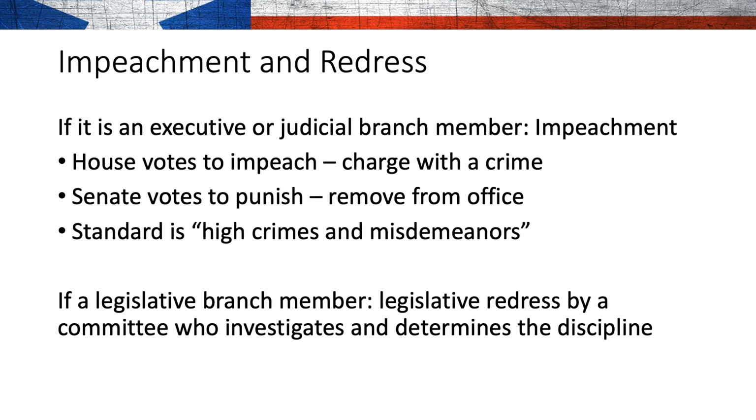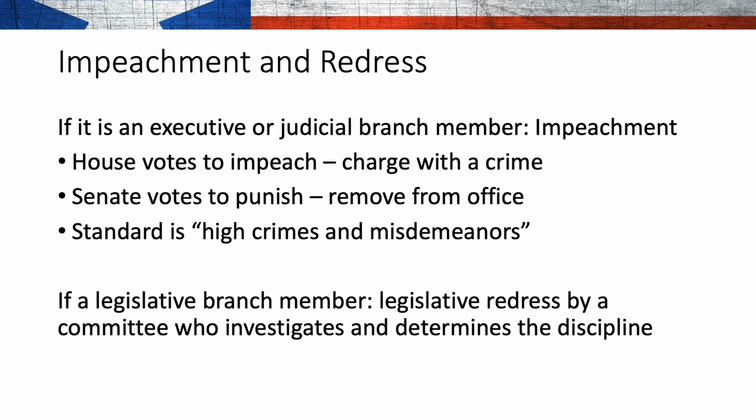The standard of consideration is whether the executive or judicial branch member committed high crimes or misdemeanors. And that's just a myriad of different things. The interpretation is something that is discussed in light of the circumstances.